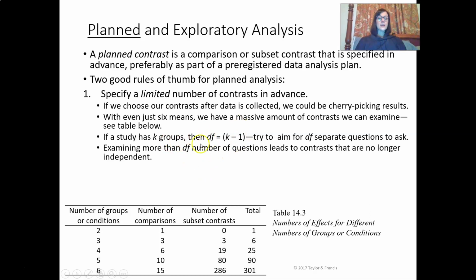If you examine more than the number of degrees of freedom, the thing is that contrasts are not independent of each other. You are constantly using data that is not independent of the other data. Here's what I mean by this, and your book mentions this as well.